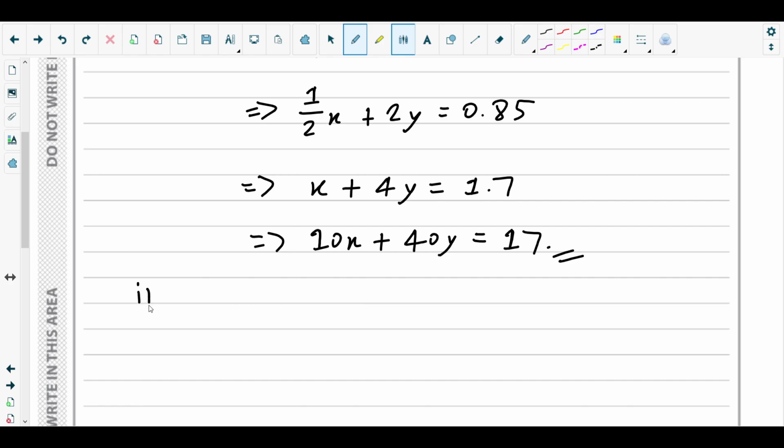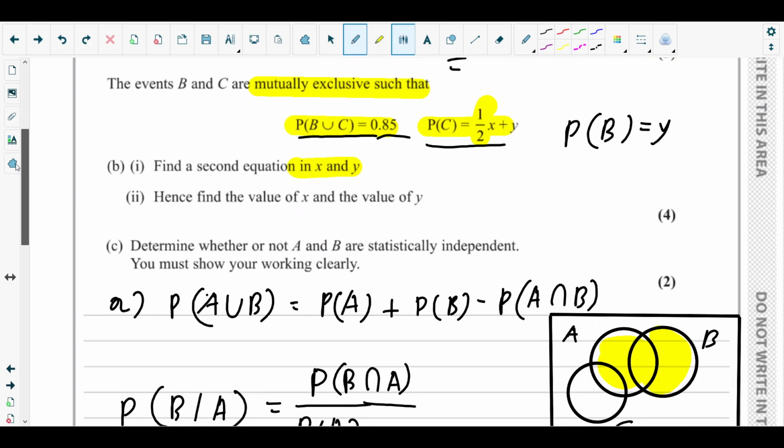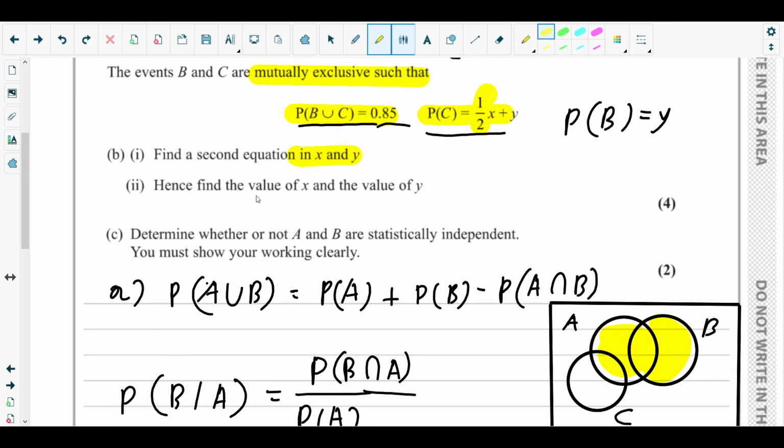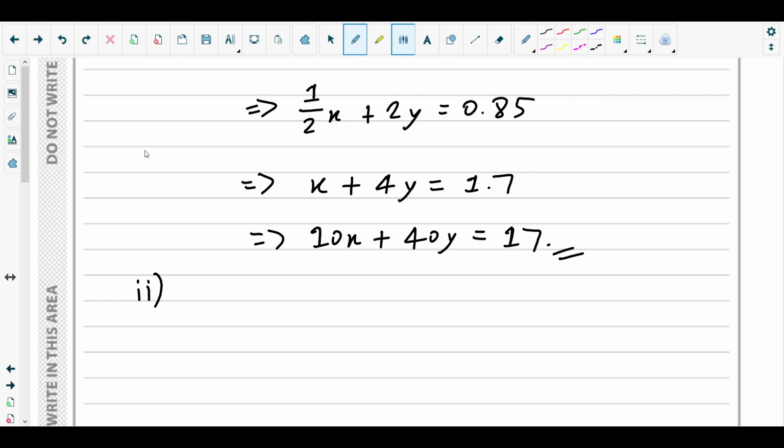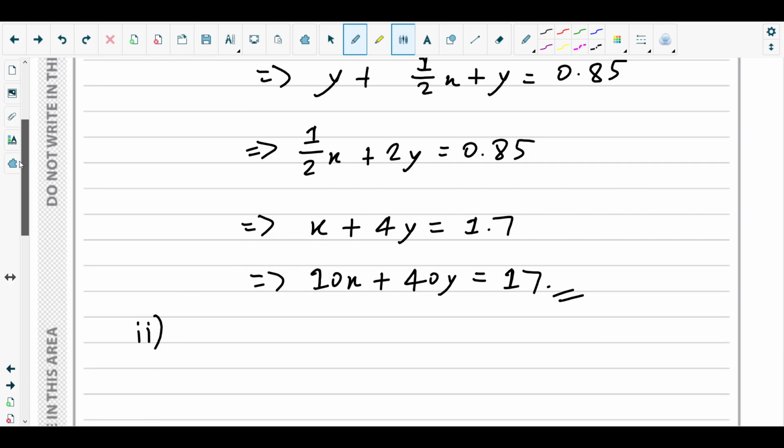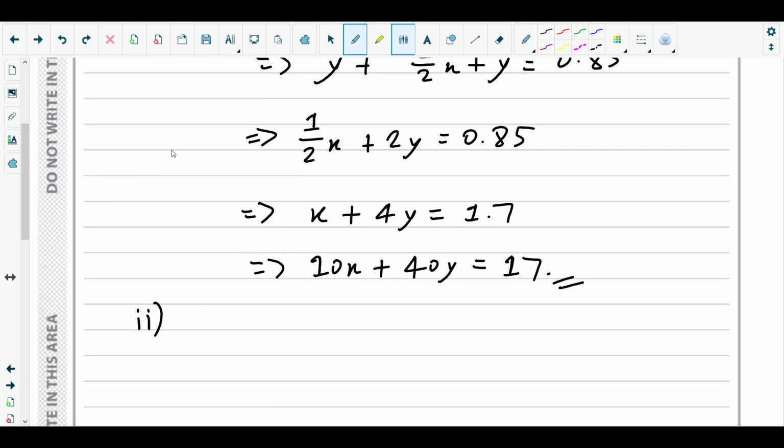Now part 2, they asked to find the value of x and the value of y. So we need to find the value for x and y. What I said, simultaneous equations, right? We just need to solve the two simultaneous equations.